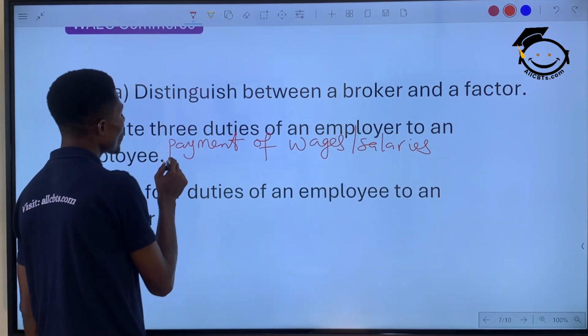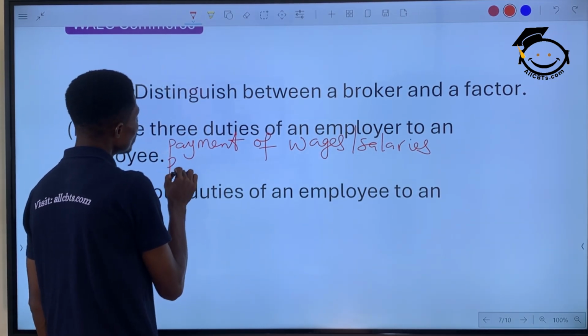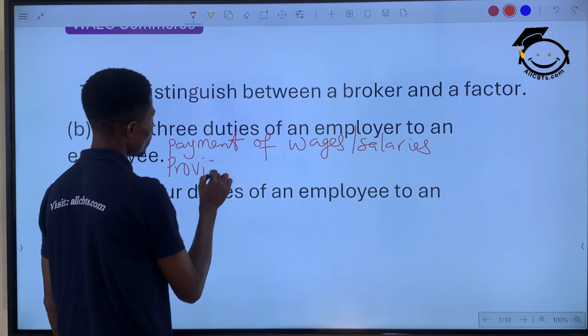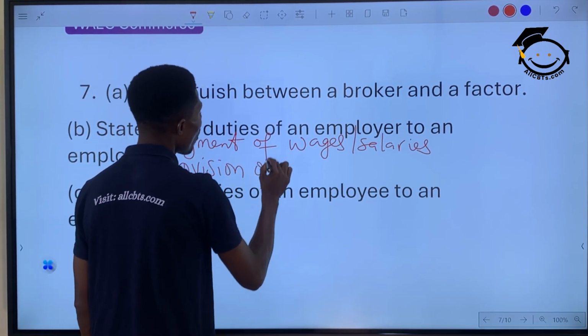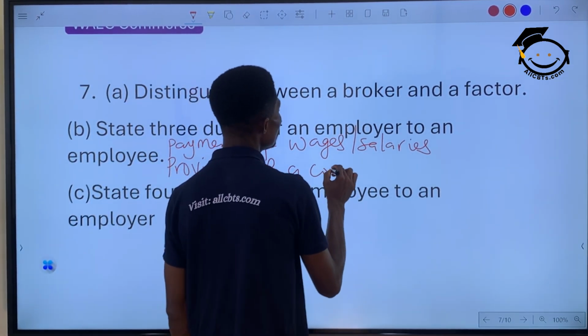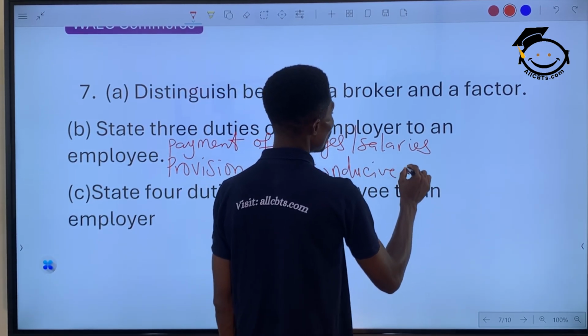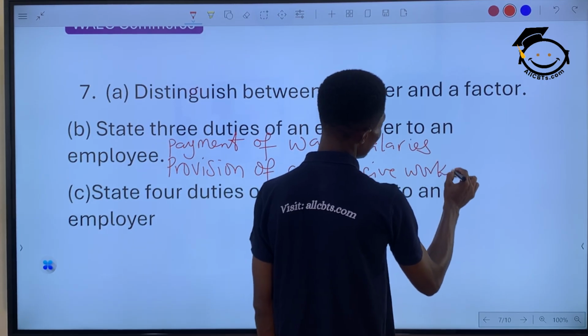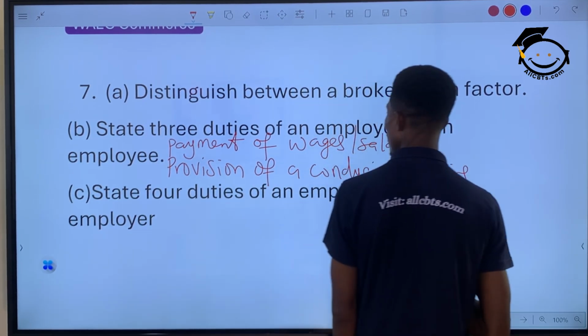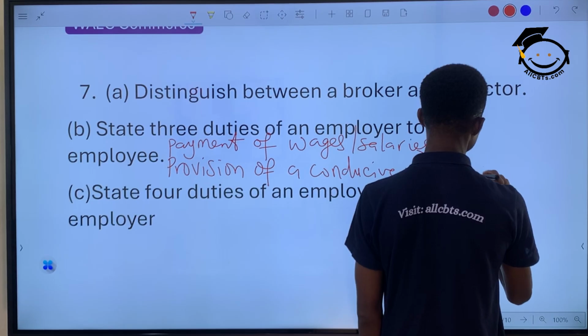Second thing is what we call provision of a conducive working environment. That's the job of an employer.